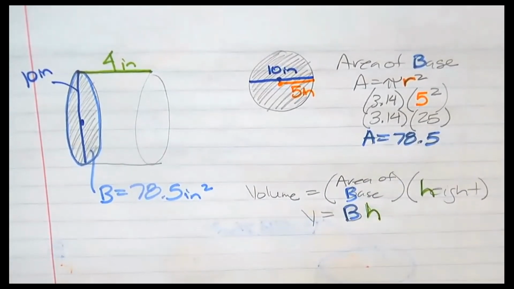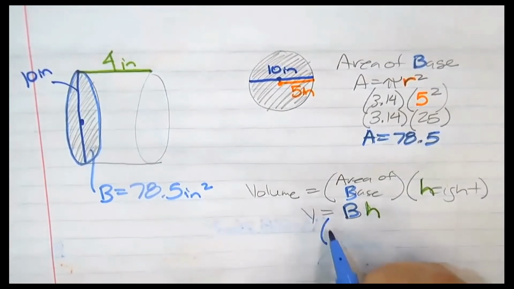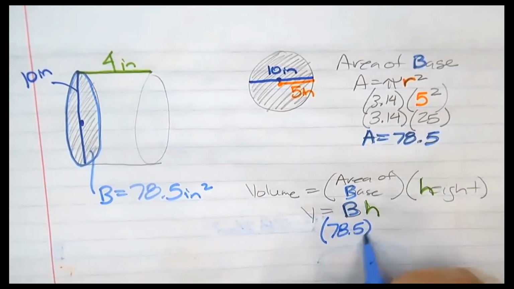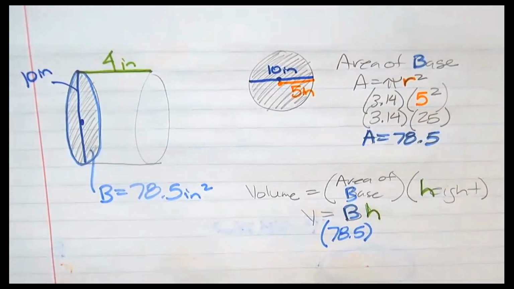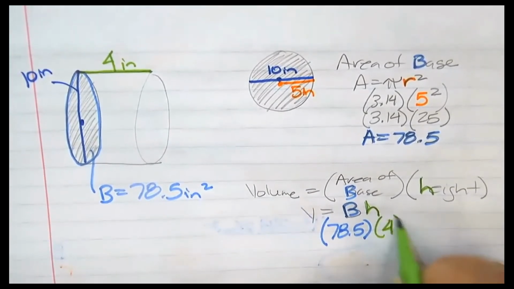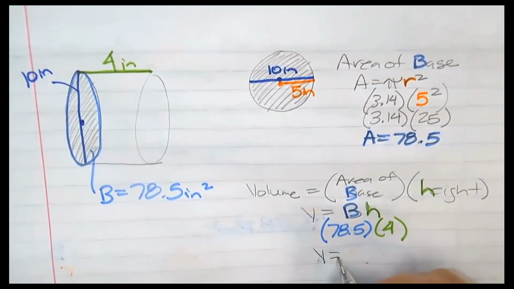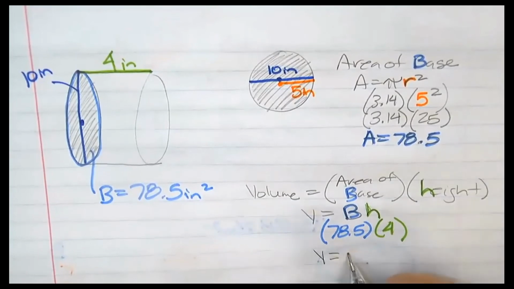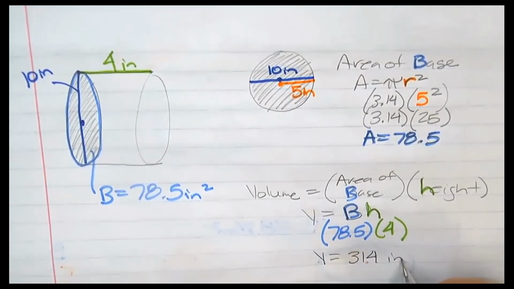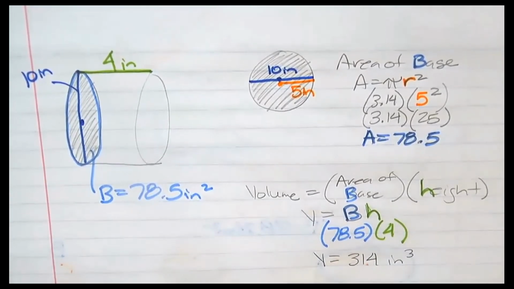So now it's just substitution. It's basic substitution. My base is 78.5 and my height is 4. So I'm going to put that into the calculator, 78.5 times 4, and I find that the volume is equal to 314 inches cubed.